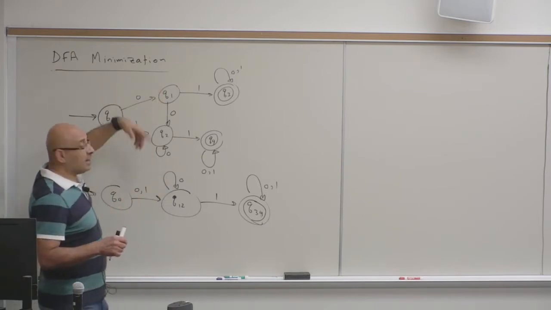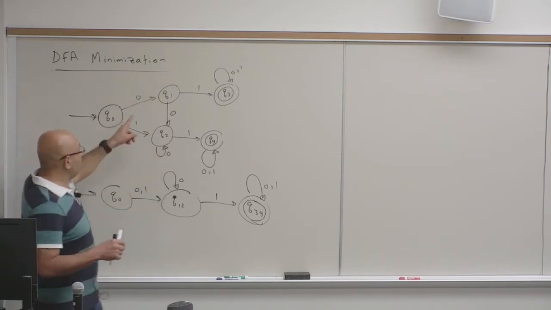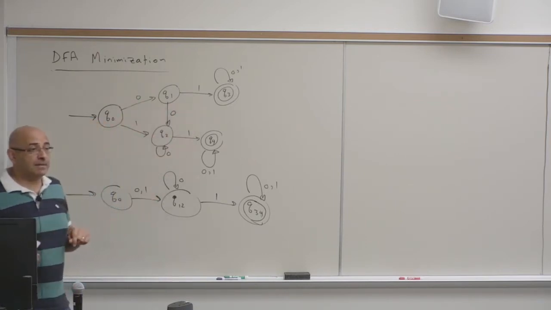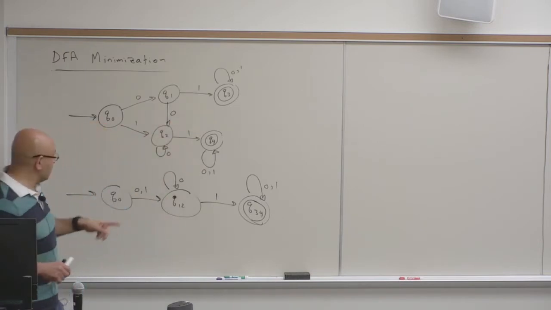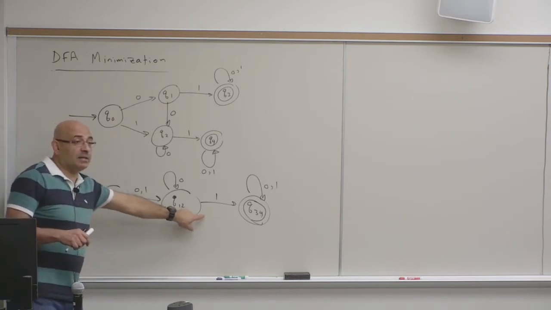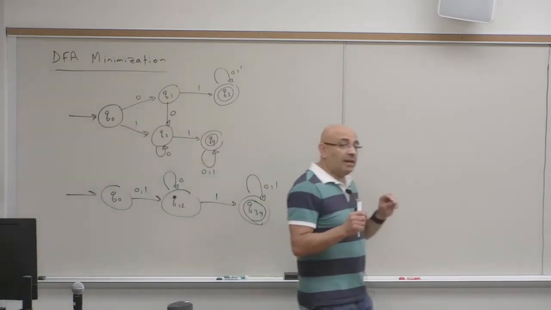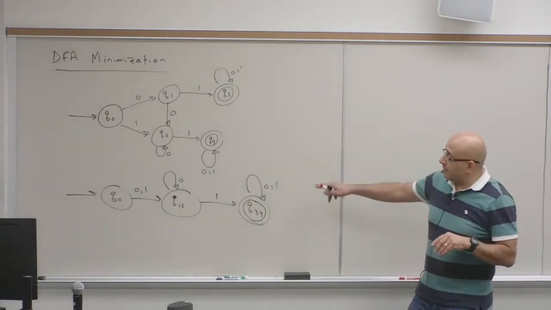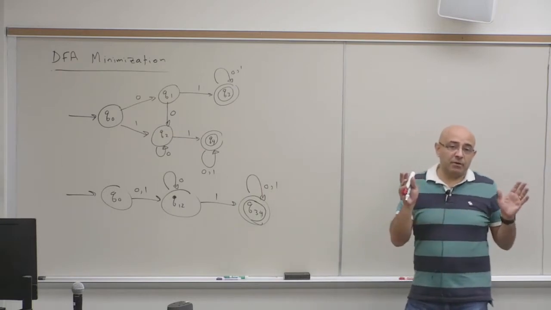As long as you are getting zeros, you stay in the intermediate state. If you get a 1, you go to an accept state. And once you get to an accept state, you are there forever. So this is constructing an equivalent DFA, minimizing the number of states by inspection for a specific example.